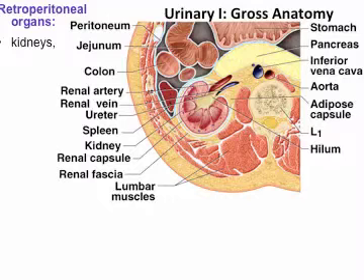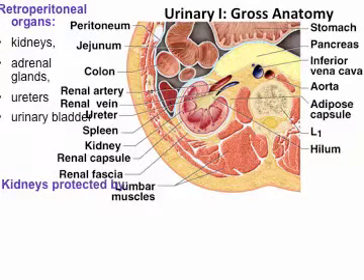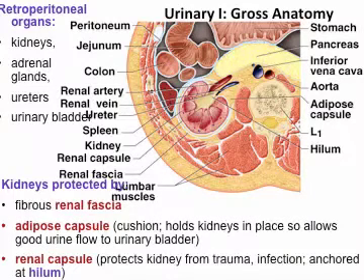Kidneys are what's known as a retroperitoneal organ, so that means they live outside the peritoneal cavity. And because the adrenal glands are on top of the kidney, they're also retroperitoneal, as are the ureters and the urinary bladder. And then here I told you that the kidneys are protected by the fascia, the adipose capsule, and a renal capsule.